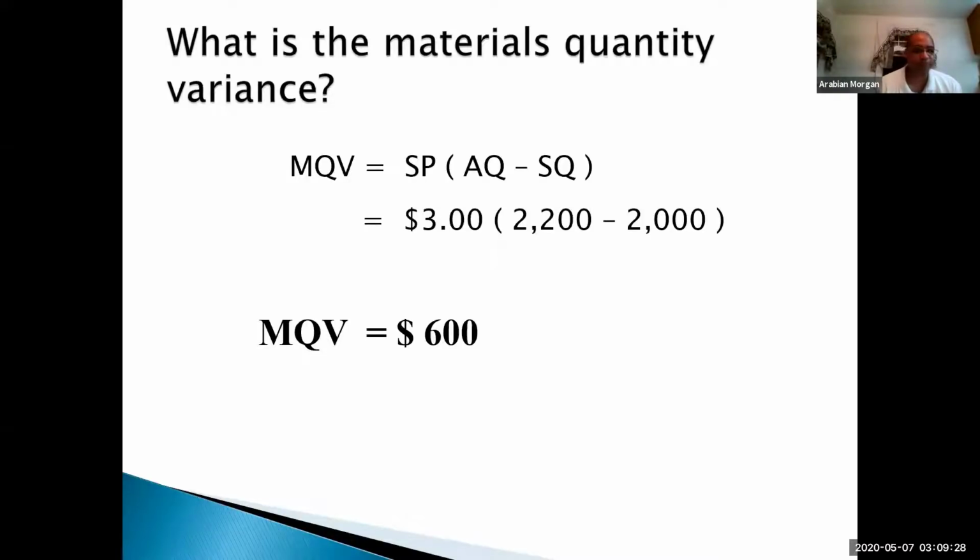Write it down. I want you to ask me any questions on how I got $600 as the material quantity variance. I need to make sure you understand how I calculated the $600 quantity variance. Don't hesitate to ask.